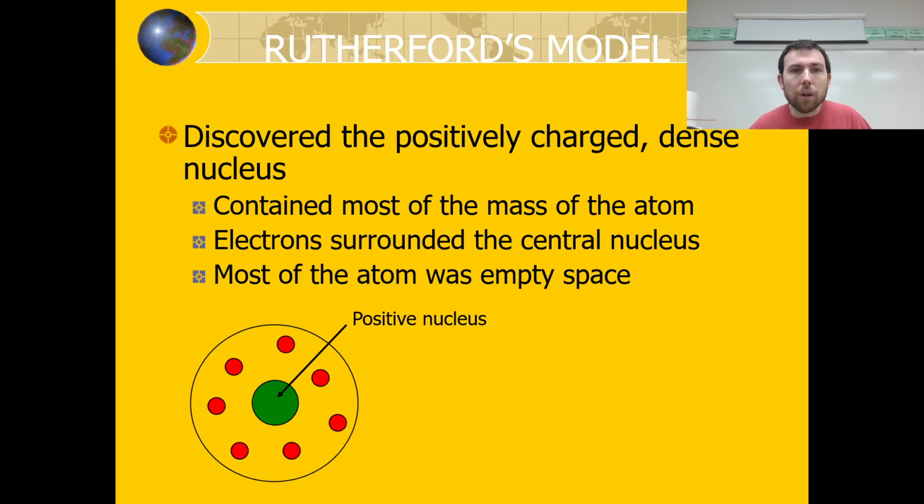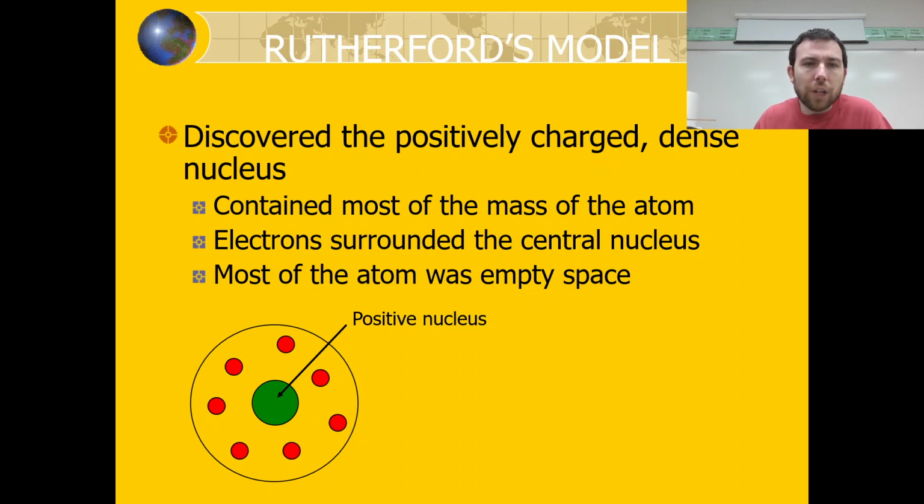But a small number of particles were being deflected. Rather than passing straight through, they were deflected at given angles, and some of them even bounced completely back to the alpha particle source. The reason they were being deflected was because there was something positive inside the atom itself.